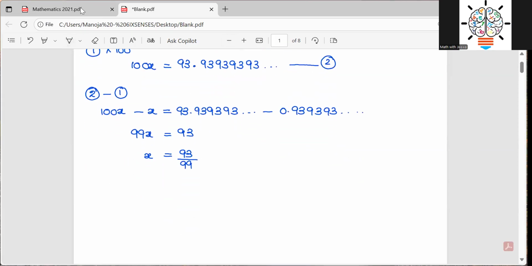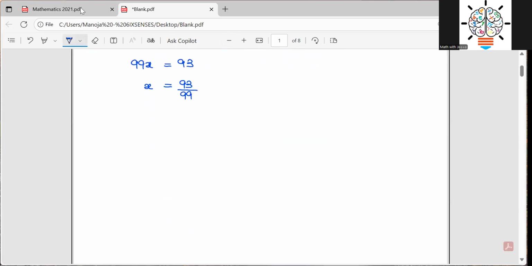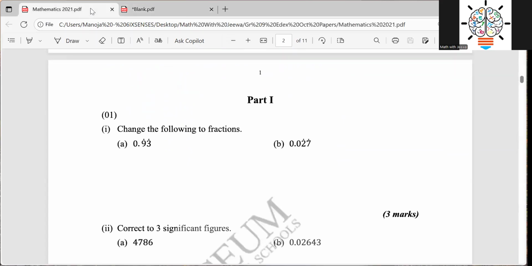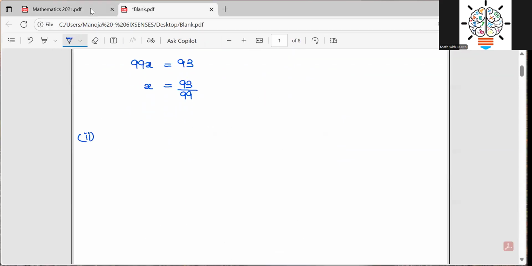And the second part of the question, Roman number 2, we have 0.027, but only 2 and 7 are recurring. How are we going to elaborate this? 0.027, 27, 27 like this.